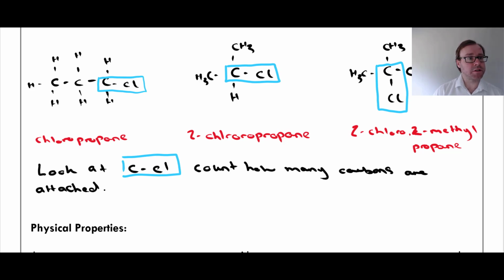In our first example, we have 1 carbon attached, so it is primary. This one has 2, so secondary. Here, 1, 2, 3, so tertiary. We classify them exactly the same as alcohols: primary, secondary, or tertiary.